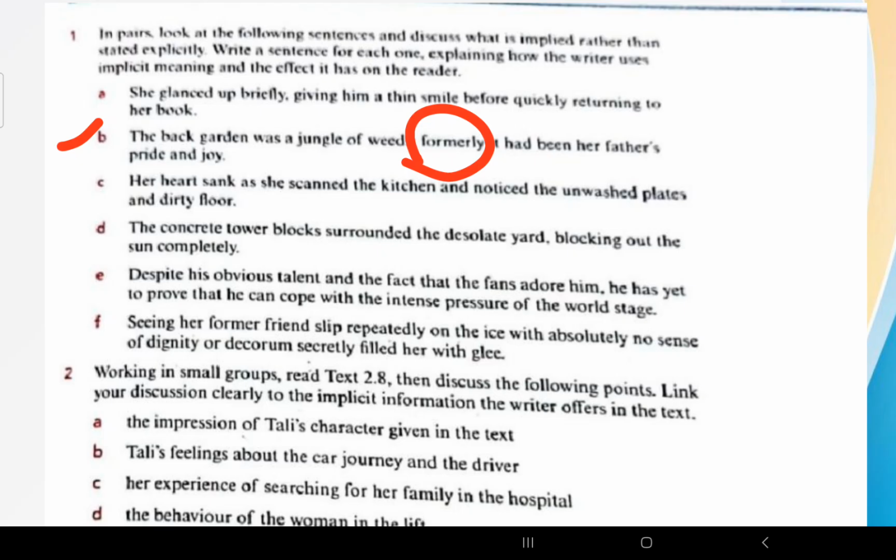This back garden is not being taken care of by someone. Father is not there, or father is unable to take care of the garden, or maybe there are such events that this back garden is not being looked after by anyone. So this word formerly is telling us a story.